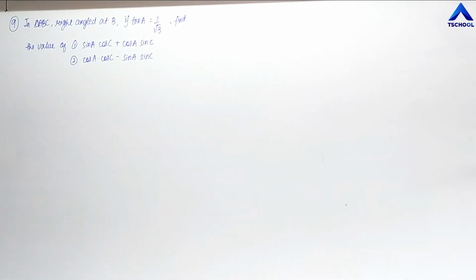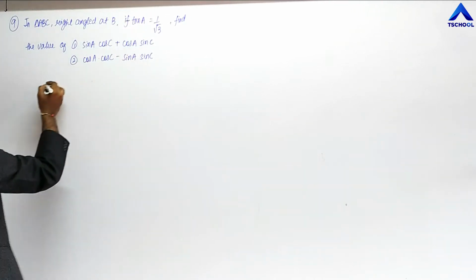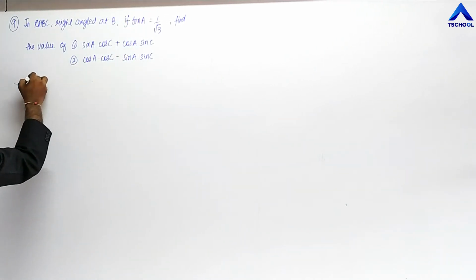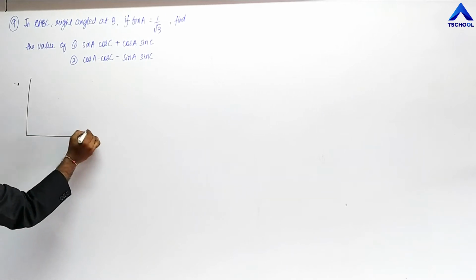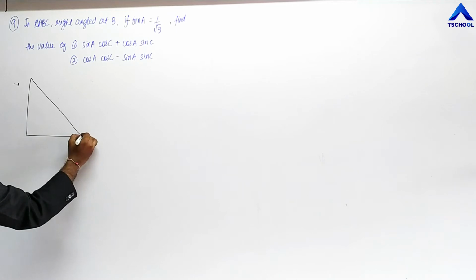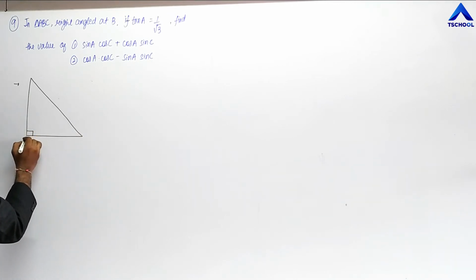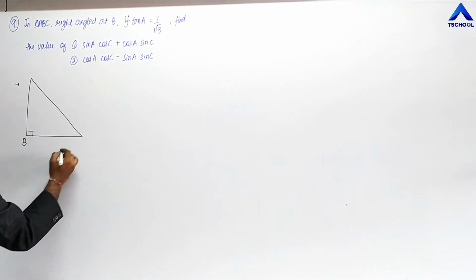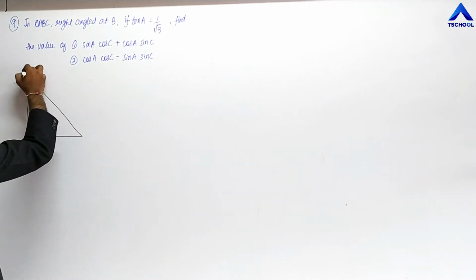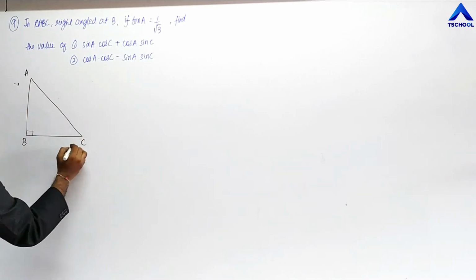Okay, so let us draw the triangle for this. This is my B. Let me take A here and C here.